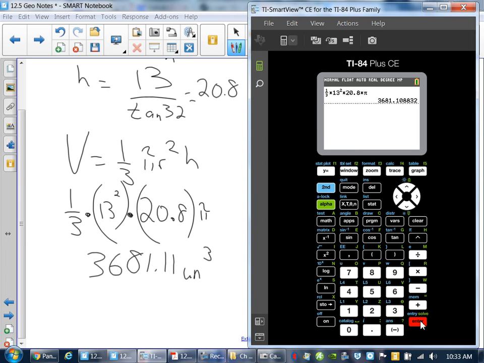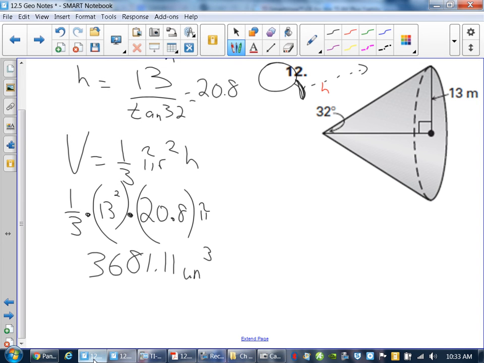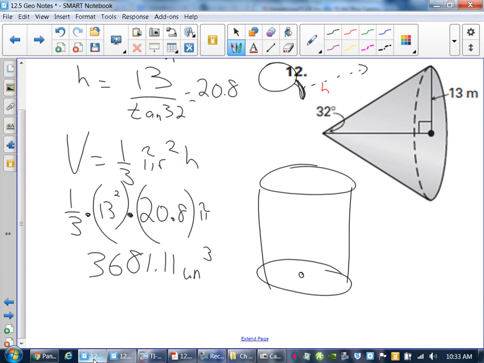Because if you took a cylinder of the same dimension, the same circular base, the same vertical height, you could fill it up 3 times with that same size cone. 3 cones would fit into one cylinder if the cylinder had a radius of 13 and a height of 20.8.